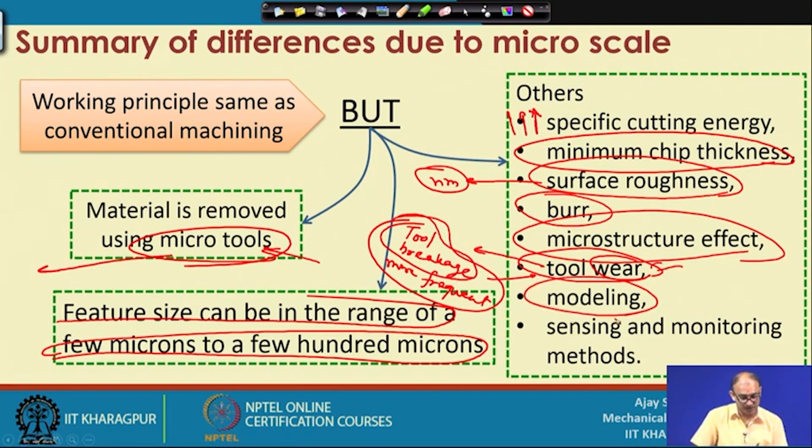Modeling is very difficult here, because whatever theory we have learned, like the merchant circle diagram and force measurement, is not directly applicable, because you have to do a lot of modification, as these parameters are completely different. Sensing and monitoring methods are very important here, because the forces are very low.